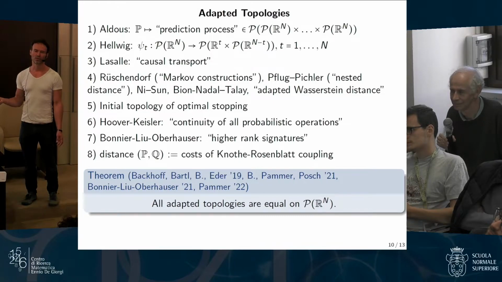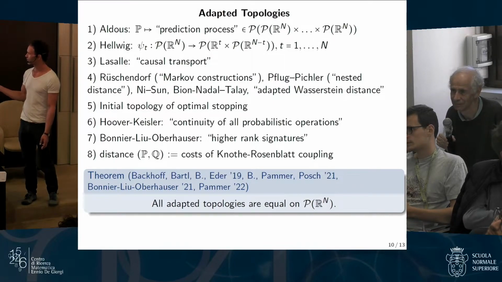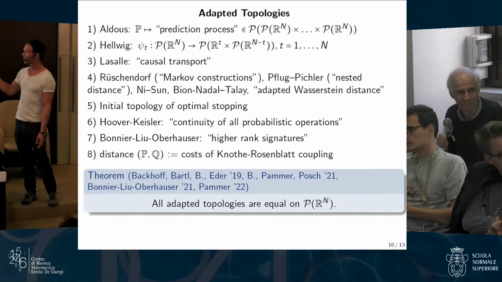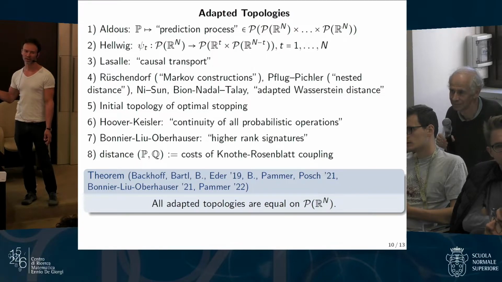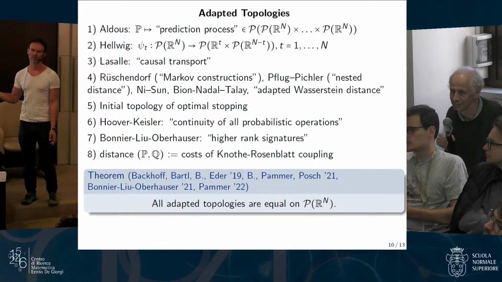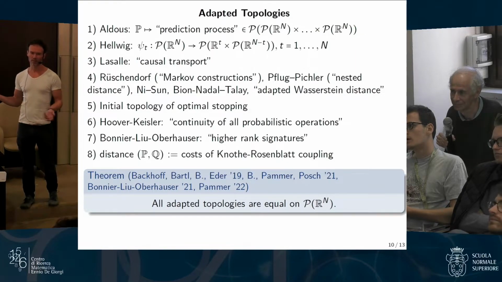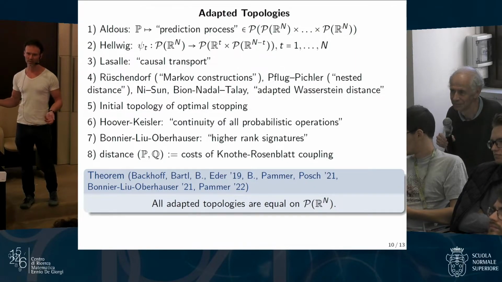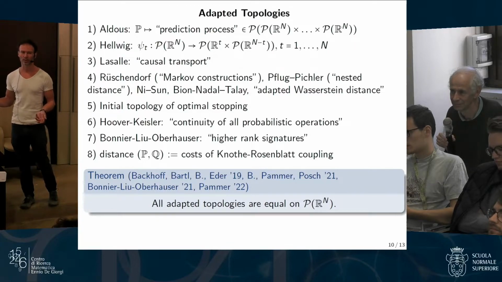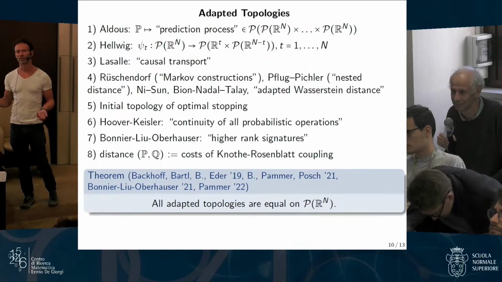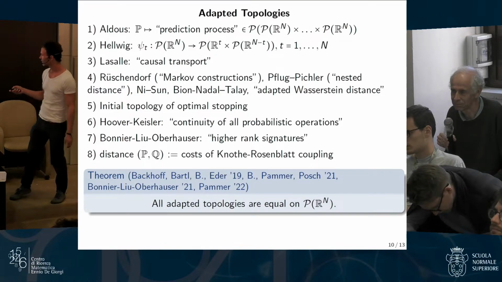With all the other metrics, what can happen is that two processes have distance 0, but actually optimal stopping problems are not the same. So they don't have the same probabilistic properties in a way.